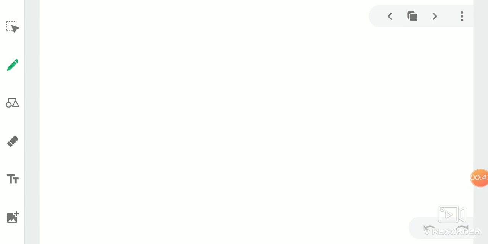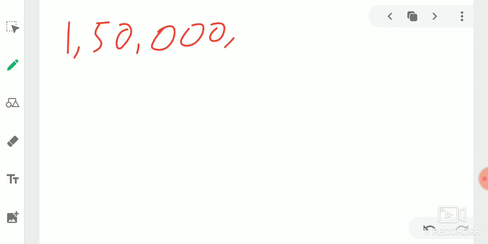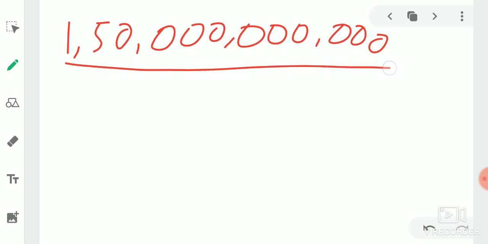In previous classes, we have learned how to express very large numbers in standard form. For example, if we take the number 150000000000 and I am asked to express it in standard form, we have learned in the previous class how to do that.